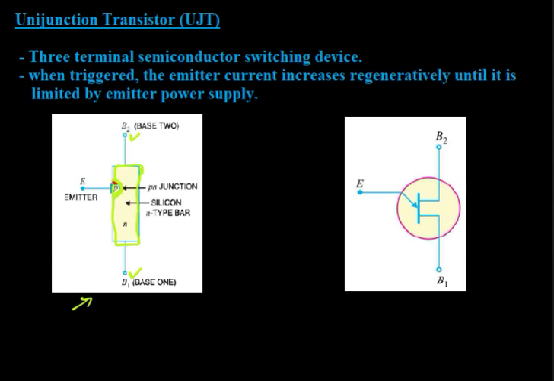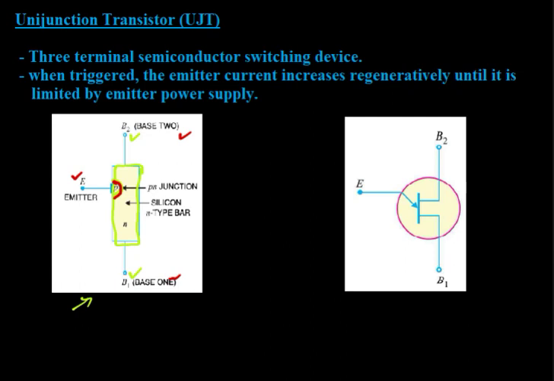So the PN junction is formed here and this terminal is called emitter lead E. So a unijunction transistor has three leads, the base 1 B1, the base 2 B2 and the emitter lead represented by E. So it has three terminals, so it is a three-terminal semiconductor device, but it has only a single PN junction.